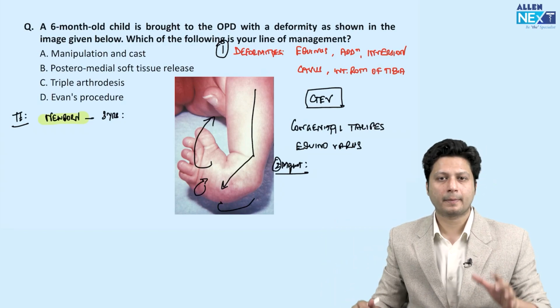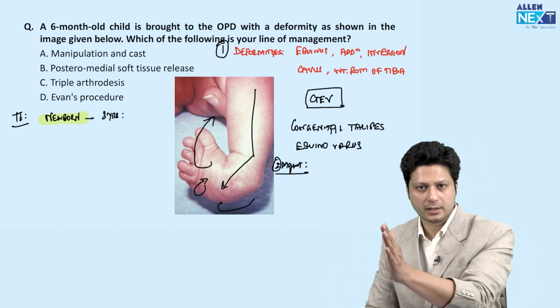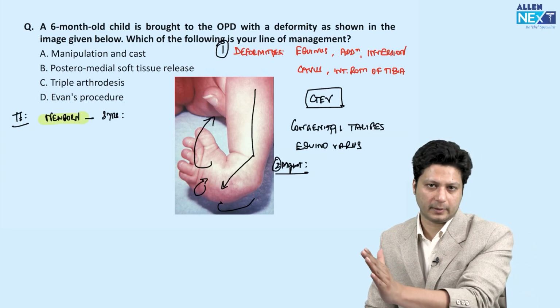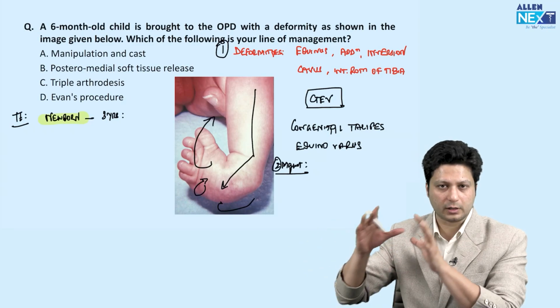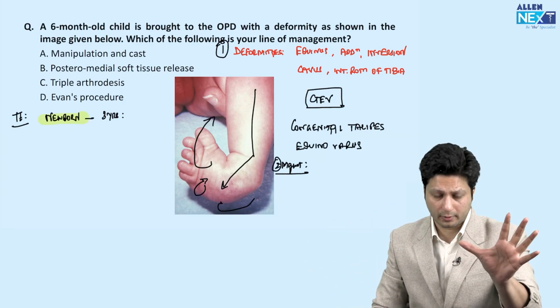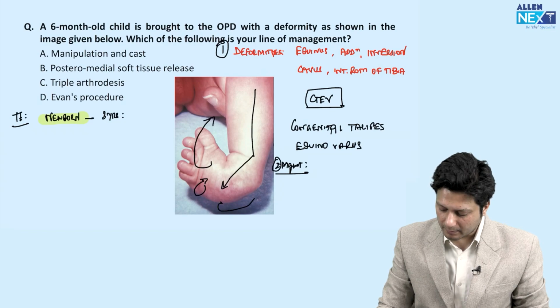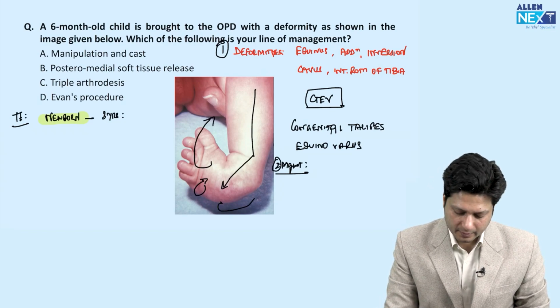So serial application of the cast after manipulating all the deformities is the management protocol. That means the conservative method is the management protocol in case of a newborn. So what is the management for this? It is the Ponseti method.